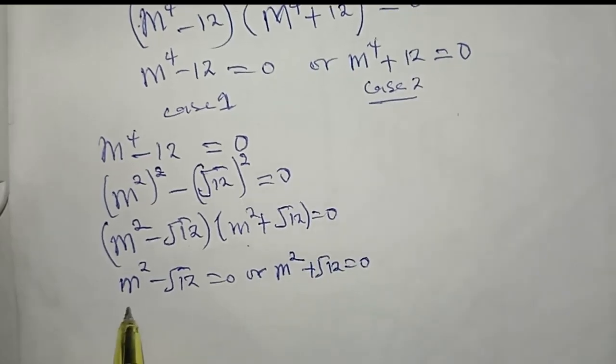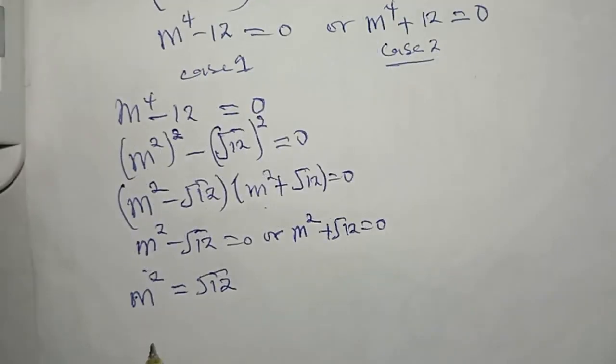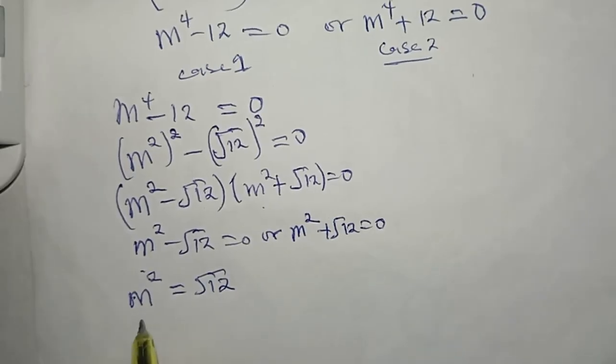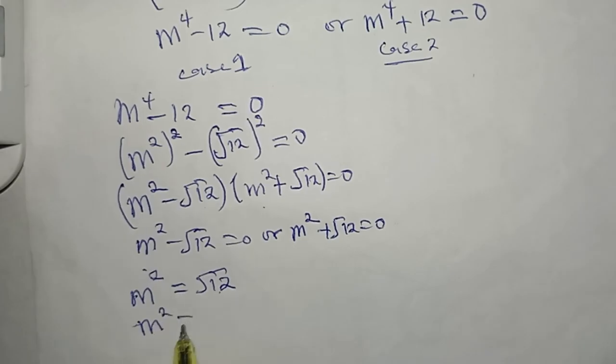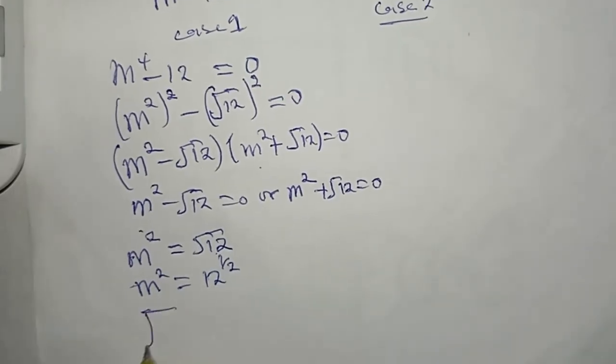So solving for this, obviously m power 2 is equal to square root of 12, and I can rewrite this square root of 12 as 12 power 1 over 2. So that I can take the square root of both sides.